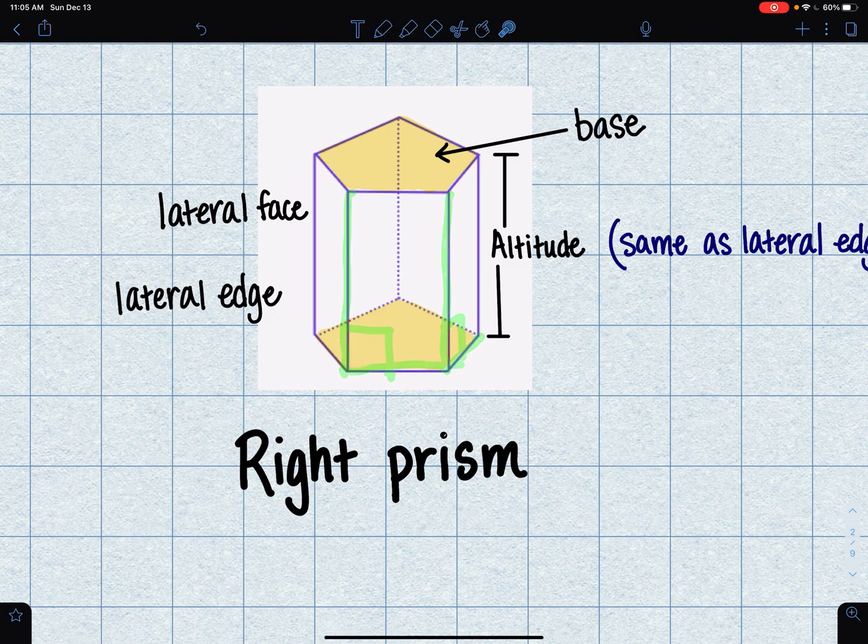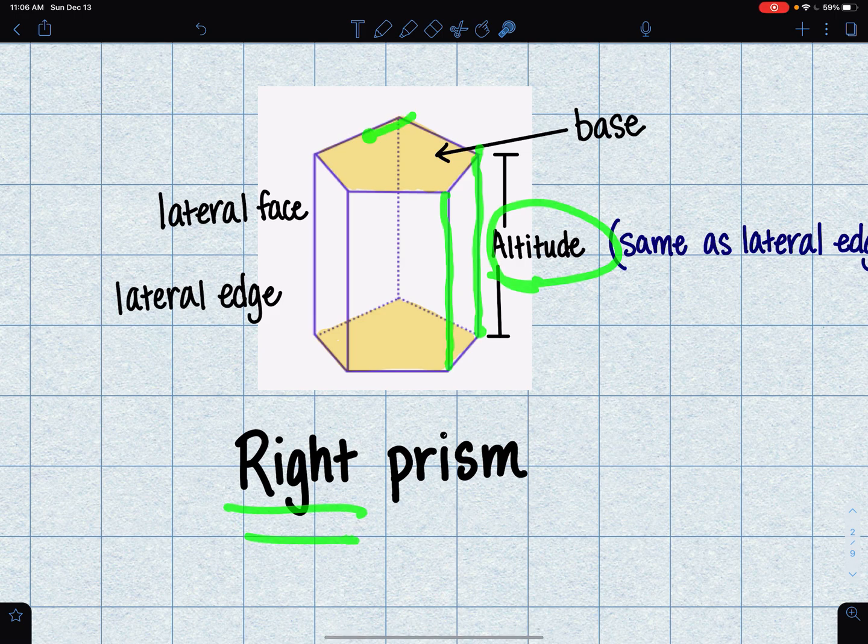And so when that happens, it's called a right prism because there's all those right angles in there. Notice that in the right prism, this lateral edge and this lateral edge is actually the same as the altitude or the height, and that's different from oblique. So you can use this as the altitude or the height only if it's a right prism.